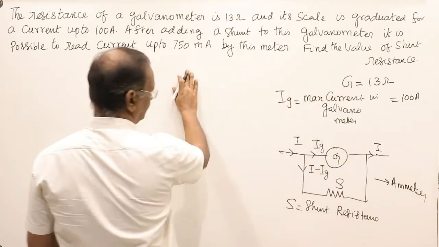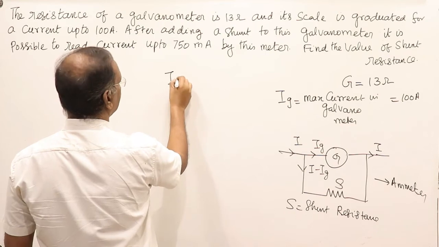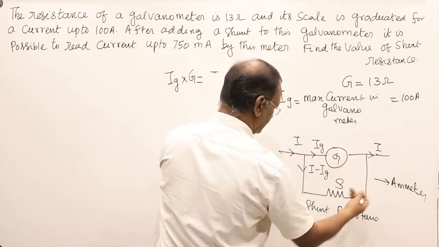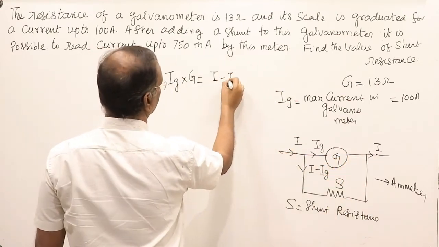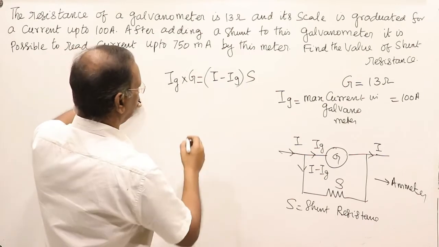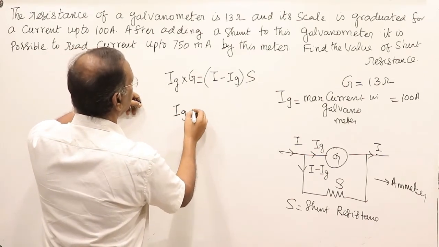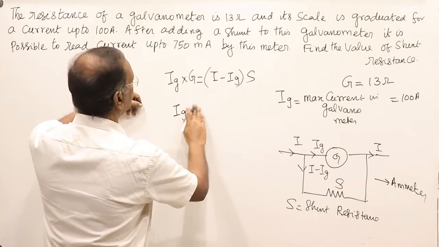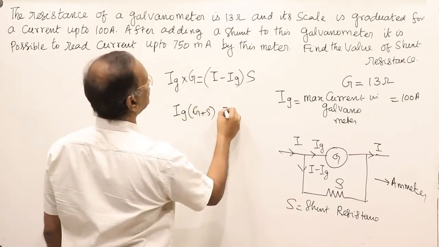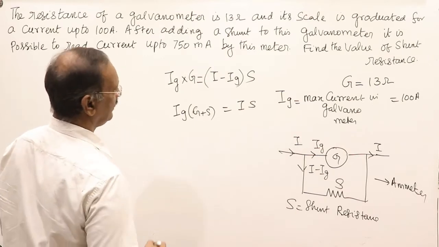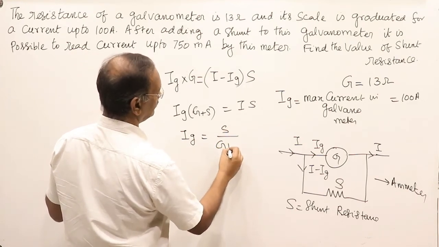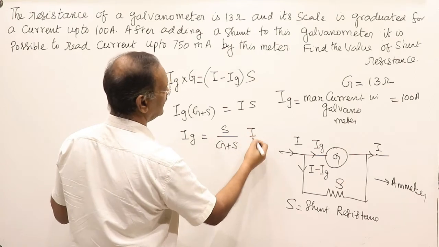For an ammeter, Ig, the current through the galvanometer, into the galvanometer resistance G is equal to, because potential across this is equal to potential across this one, I minus Ig into S. That is, Ig plus Ig into G plus S, we take this side, is equal to I into S. Or Ig is equal to S divided by G plus S into the main current I.